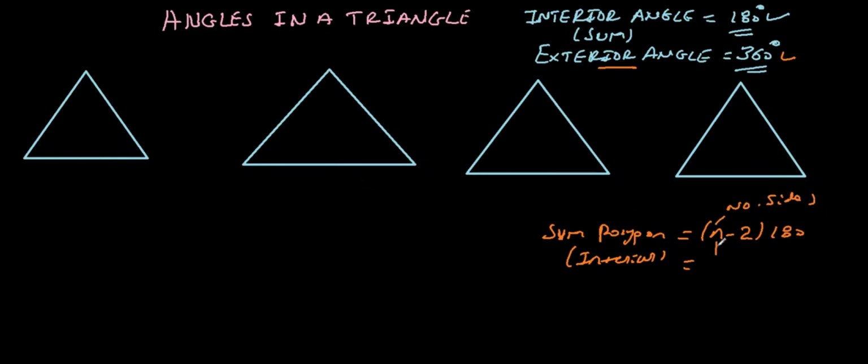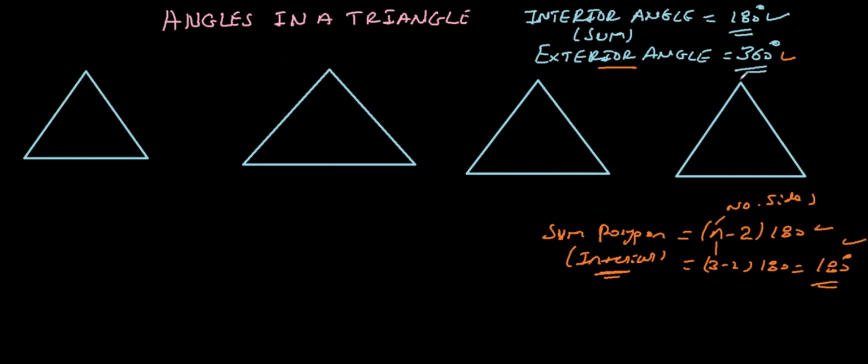If you substitute, 3 minus 2 times 180, it will be 180 degrees. So based on this formula for a polygon, the sum of interior angles of a triangle will be 180 degrees.